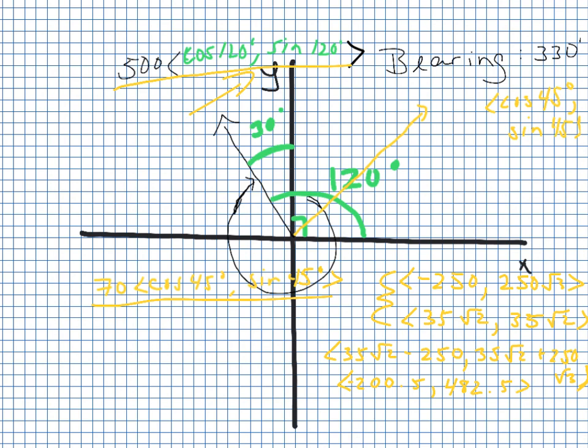So now that I have the x component and the y component, I can simply use Pythagorean theorem and square the two and come up with a speed. And the speed is going to be, well, 200.5 squared plus 482.5 squared. And take the square root of that, I get 522.5 miles per hour. And there you have it.